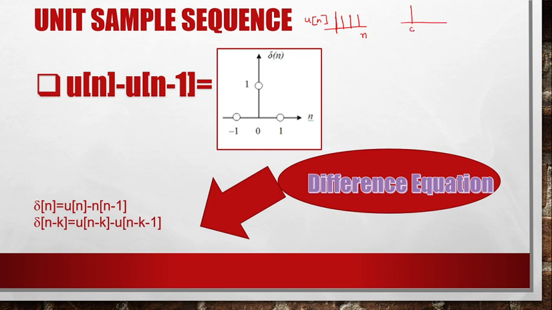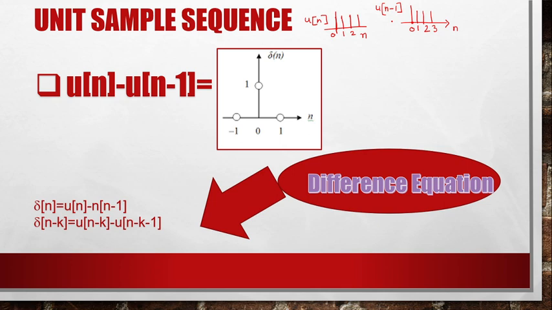That means this is 0, this is 1, this is 2, and here this is 0. Clear? So it will be 1, 2, 3. So this is basically my delayed response u[n-1].